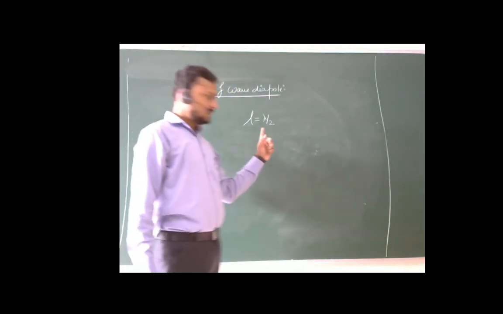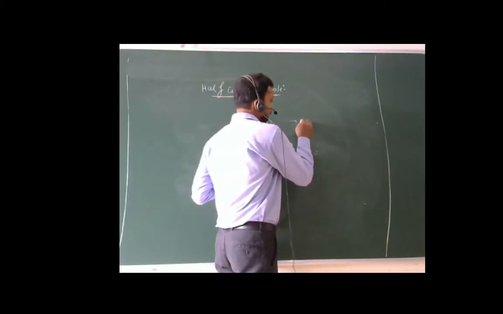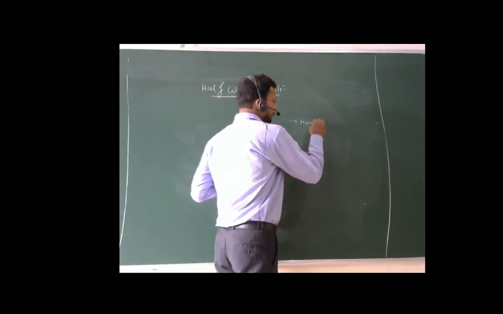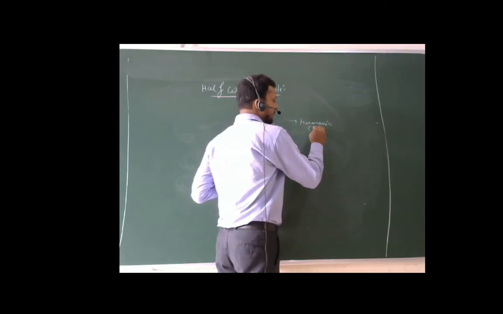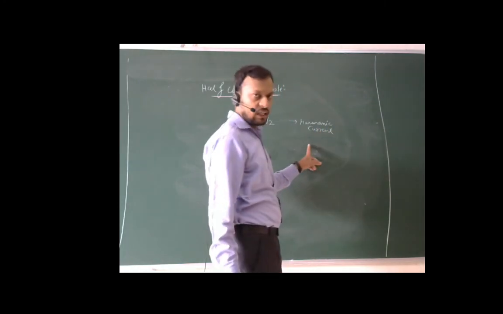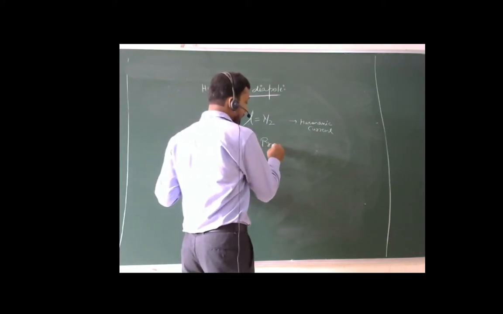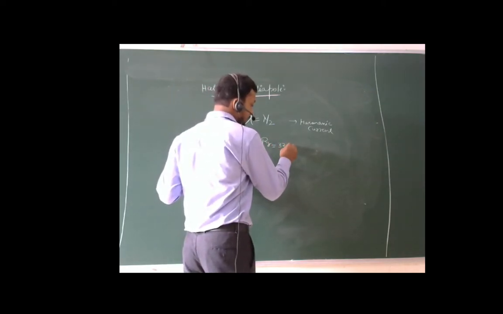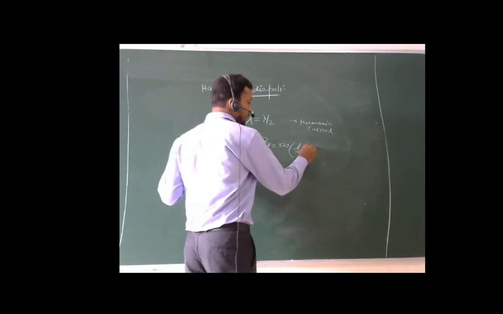So in this case the current is harmonic. From the above discussion we decide that in this case the current is harmonic. So for this harmonic current, the radiation resistance can be given by 320 (L by lambda) whole square.